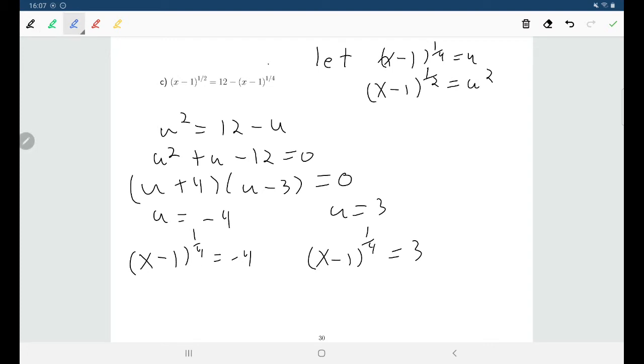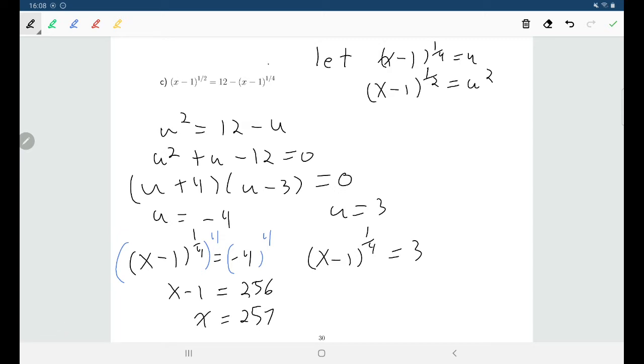Since it's a fourth root, if I take both sides of the equation and raise them to the power of 4, that would get rid of that root. So I would have really just x minus 1 on the left side, and -4 to the power of 4 is 256. So we come up with one potential solution, rather, 257.